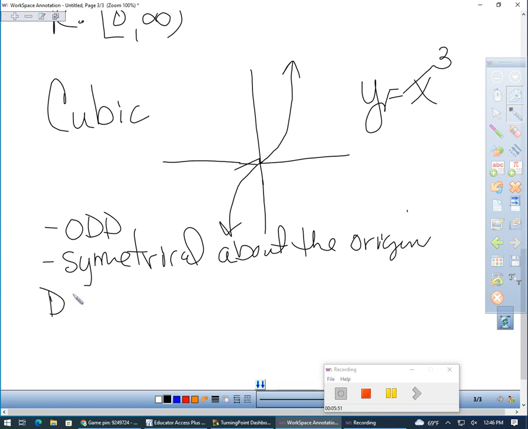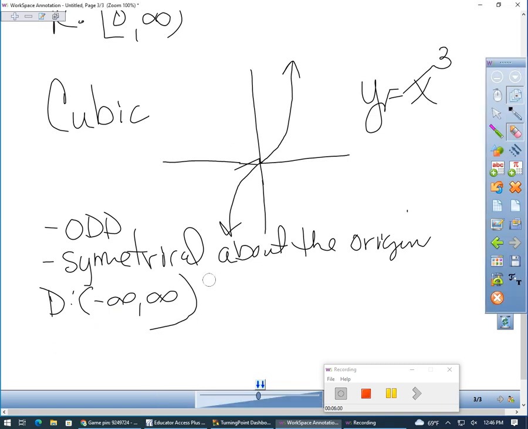The domain for a cubic function is negative infinity to positive infinity. The range for a cubic function is also negative infinity to positive infinity.